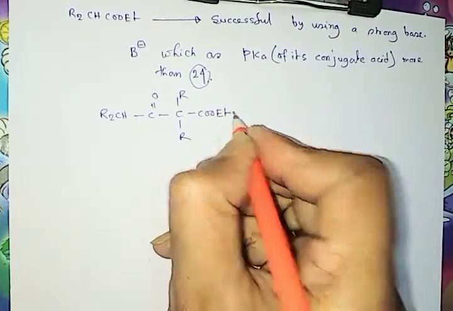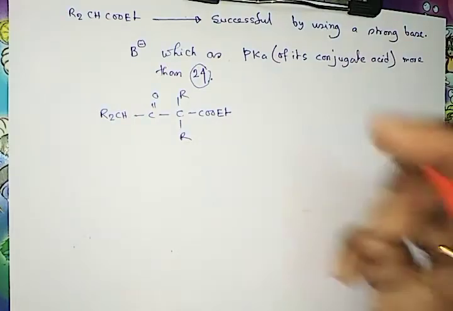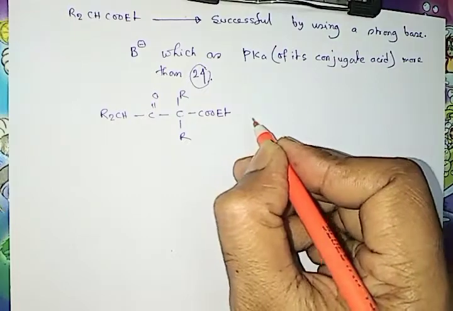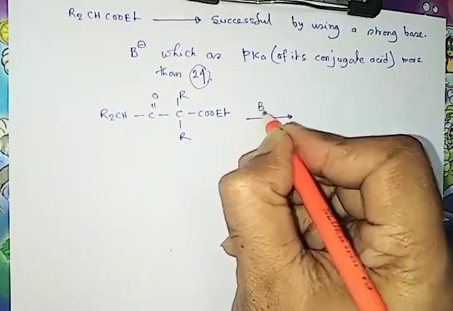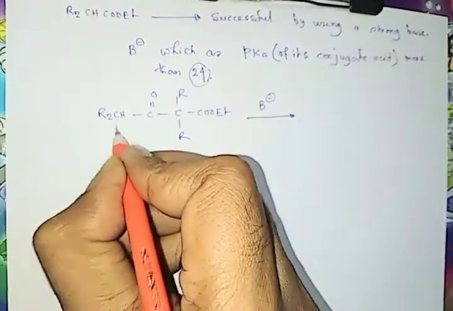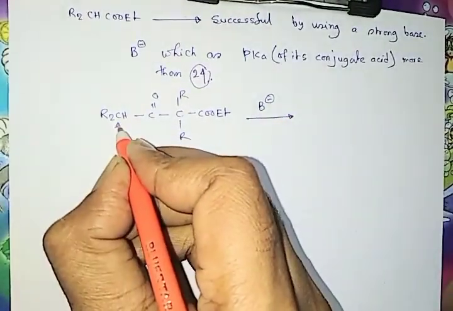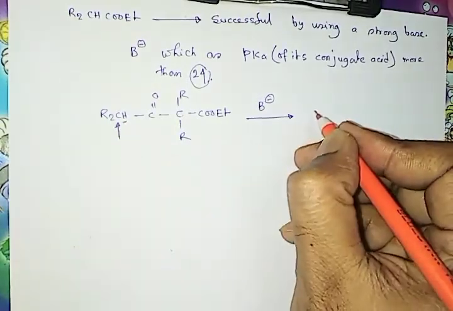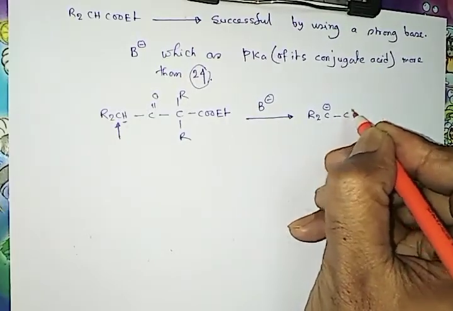This is formed in step number 2 of the reaction mechanism, right? So in step number 3, the salt formation step is present. So the base will abstract this proton now because it is a very strong base. So this strong base can abstract this proton to make the salt R2C minus.